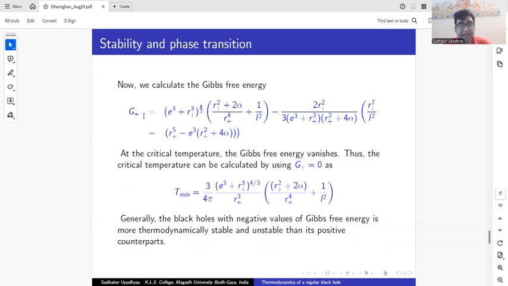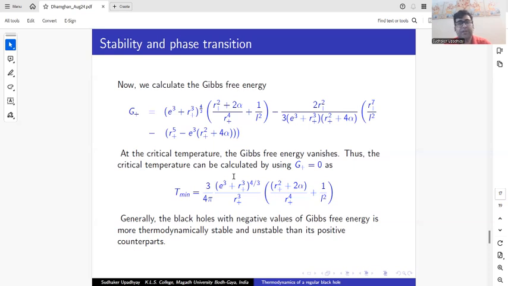So vanishing Gibbs free energy will give you a critical temperature, which is found like this. In general, a black hole with negative values of Gibbs free energy is stable, and with positive values it is unstable.